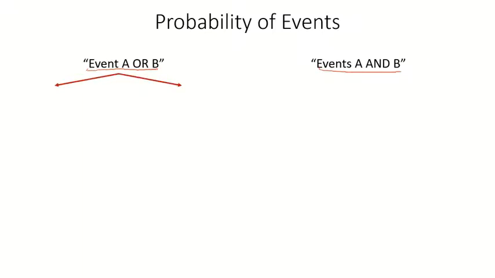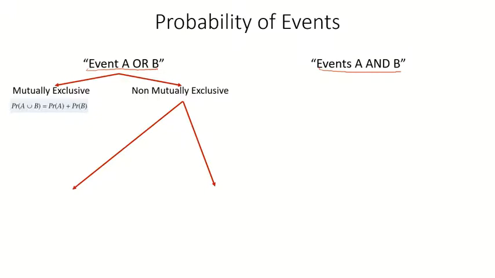So for the addition law of probability, there are two scenarios, if they're mutually exclusive or not. If the two events are mutually exclusive, then this is how you get the probability of the two events. You simply add them. But if they are not mutually exclusive, there are two possible ways.